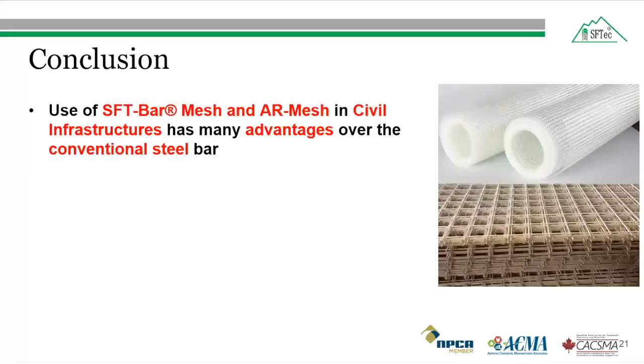So in conclusion, due to the many advantages of the fiber reinforced polymer bar mesh and alkaline resistant mesh, it can be used in many civil infrastructure projects, like roof and wall protections, pavement overlays, concrete repairs, and in coastal areas.